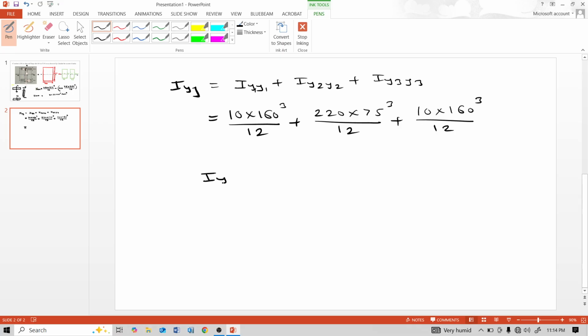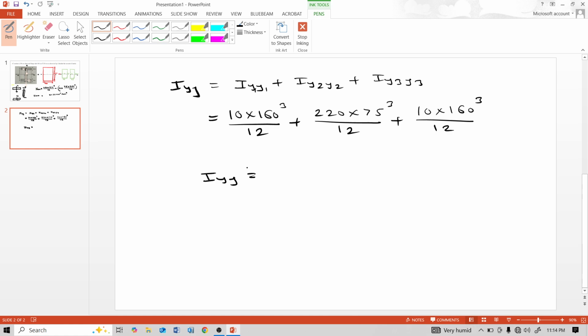Therefore, IYY is equal to 10 into 160 cube divided by 12 plus 220 into 75 cube divided by 12 plus 10 into 160 cube divided by 12.